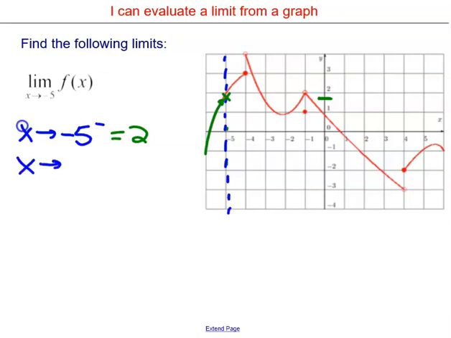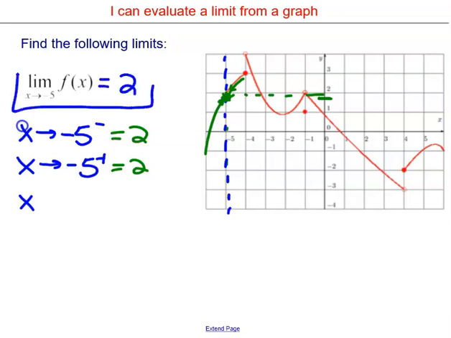And as we approach it from the right, it doesn't have to be all the way to the right, it's just what's directly to the right. So what's directly to the right is that little piece there, going from -4 to the left. It also ends up at 2, where y is 2. So because at -5, when we come from the left, it's 2, and from the right, it's 2, this is also 2.